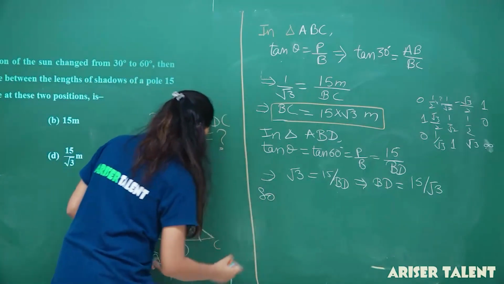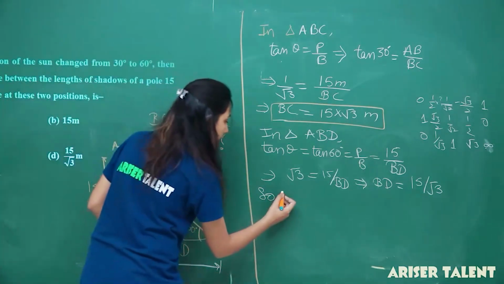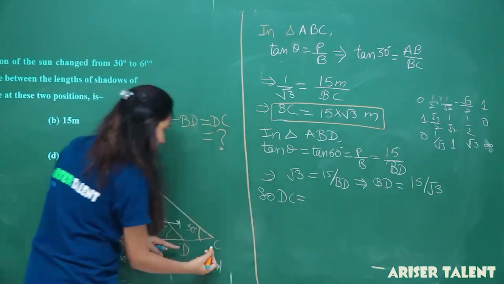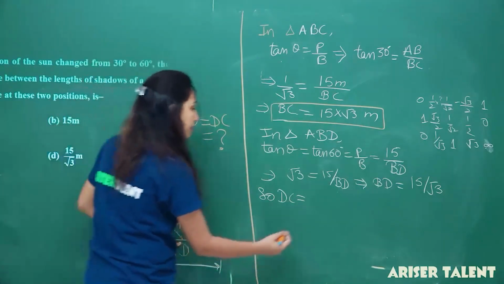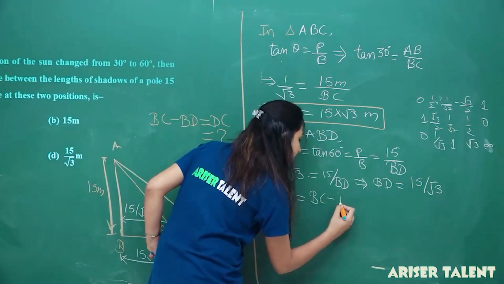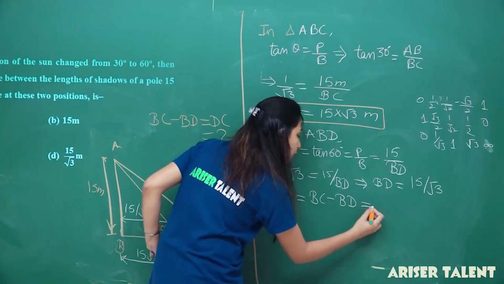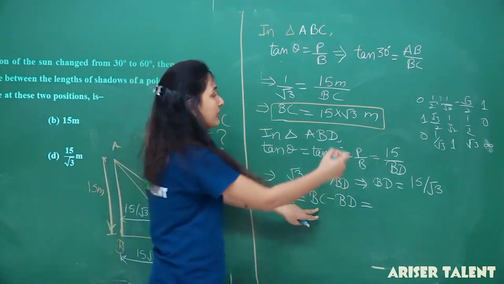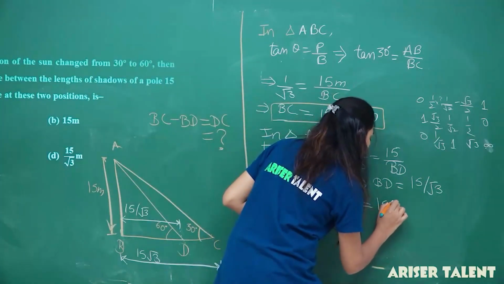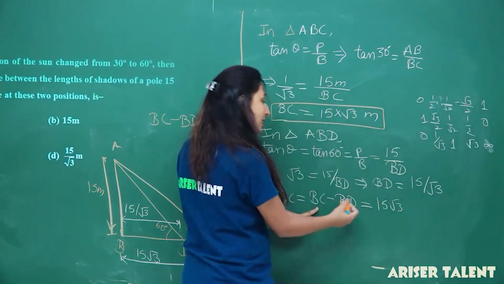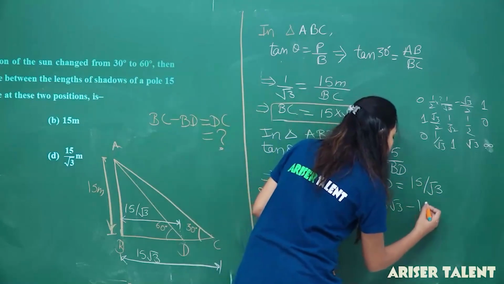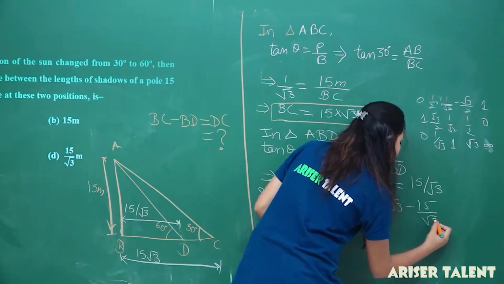So DC equals BC minus BD. The value of BC is 15√3 minus the value of BD, 15 by √3.